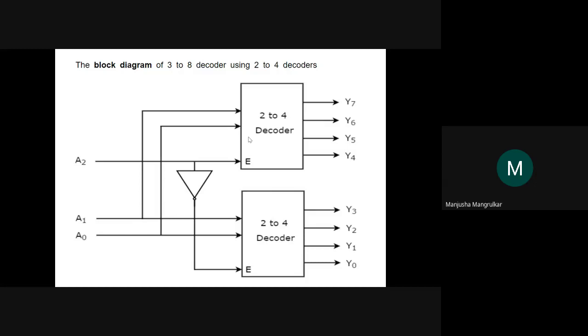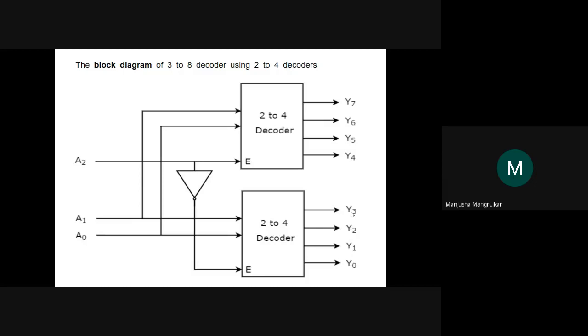If A2 is zero, this decoder will be on, because here A2 is 0, so this enable is 1. So this 2 to 4 decoder will be activated and the other will be deactivated. So whatever the value of A0, A1, I will get the output accordingly in Y0, Y1, Y2, Y3. Right?